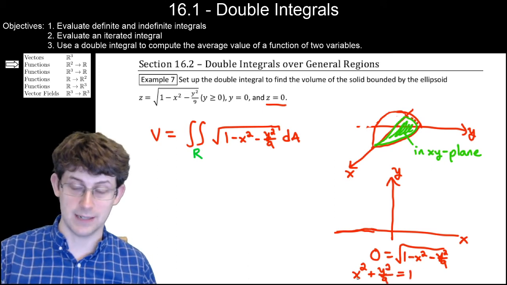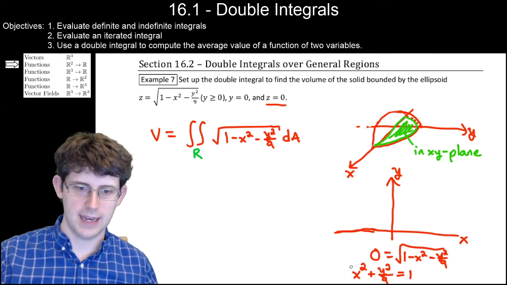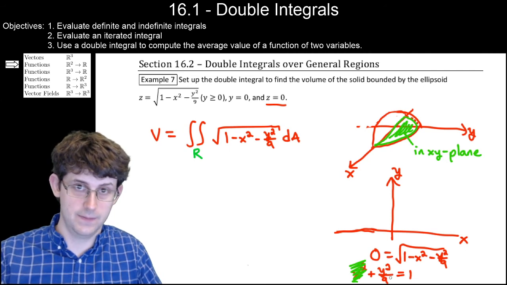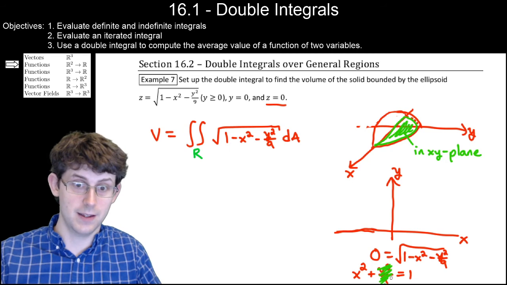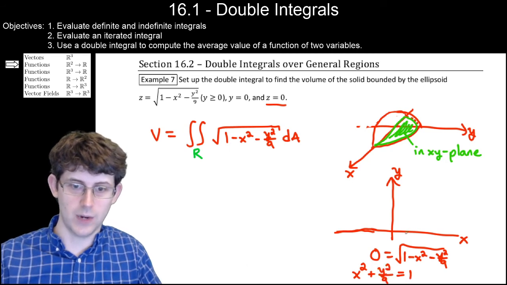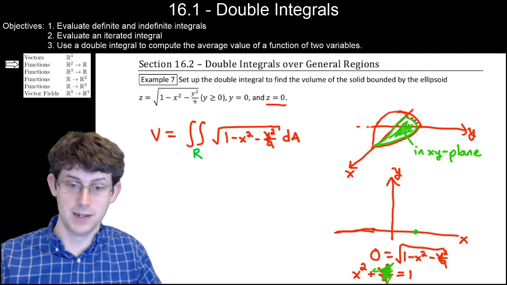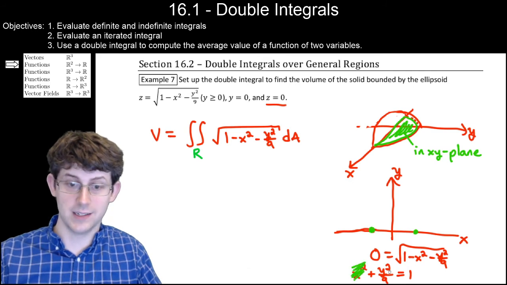This is an ellipse. It's an ellipse where if x is 0, you can see that y would be 3. And if y is 0, you can see that x would be 1. So y is 0, x is 1. Or y is 0, x is minus 1. And if x is 0, then y is 3 or minus 3.